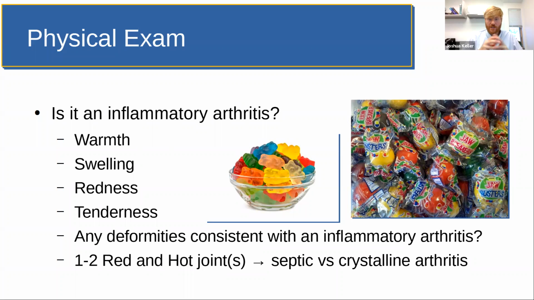Inflammatory arthritis can damage a lot of the tissues around and in the joint and cause those deformities. So even if you don't see an active inflammatory arthritis, if you have the deformities, you're really suspicious for a history of it. And again, to reiterate, with one to two red hot joints, you have to think of septic and crystalline arthritis really quickly.